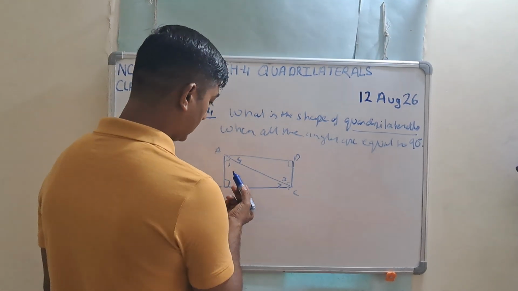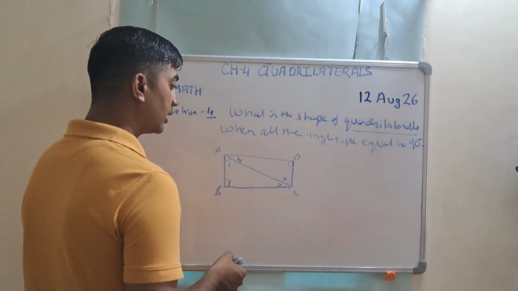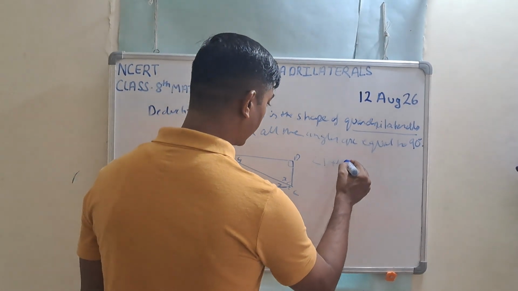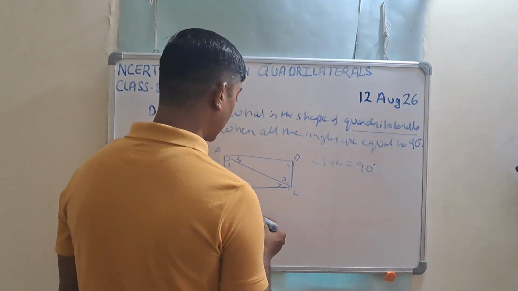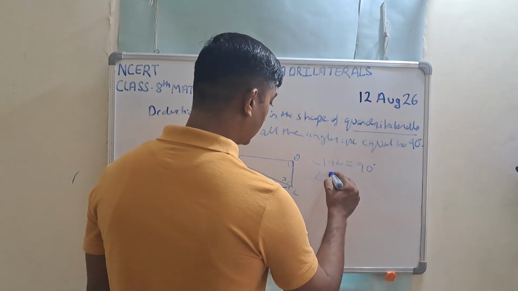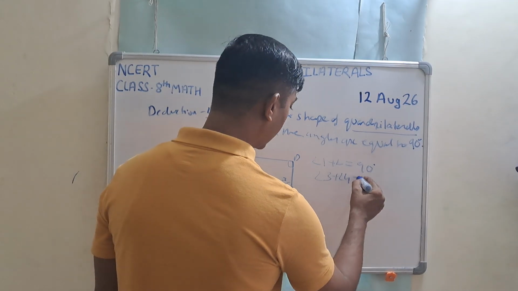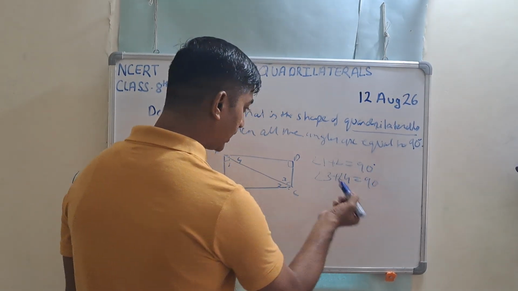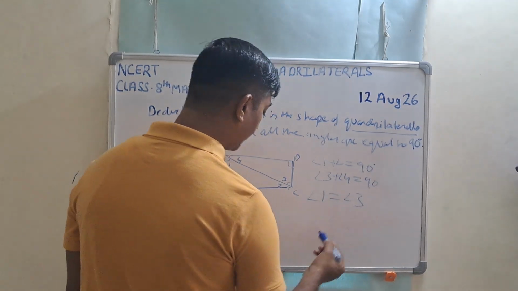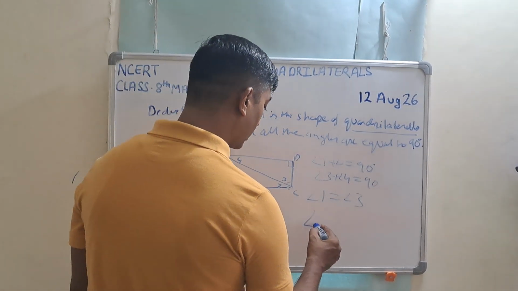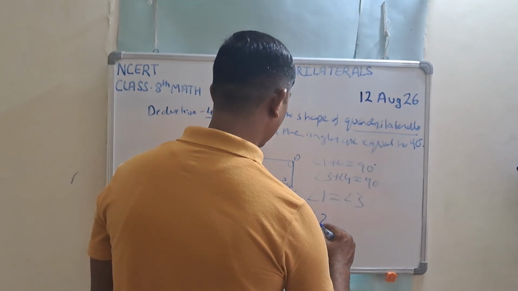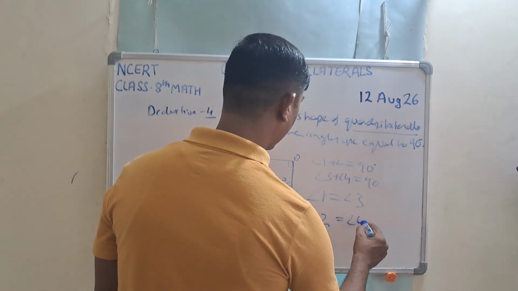We have already done it in the previous part of this chapter: angle 1 plus angle 4 is 90 degrees and angle 3 plus angle 4 is 90 degrees, and from these two equations we conclude that angle 1 is equal to angle 3, and in the same way we also conclude that angle 2 is equal to angle 4.